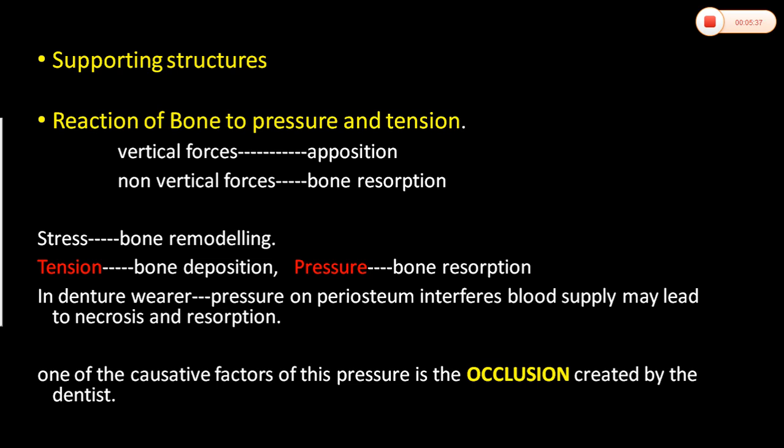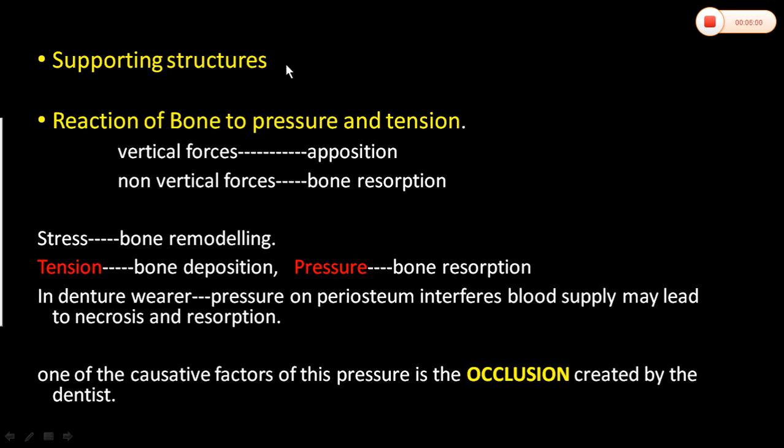If the change is only temporary, the tissue, either mucosa or bone, can come back to its normal state. If the change happens for a long time, it will become a permanent change.